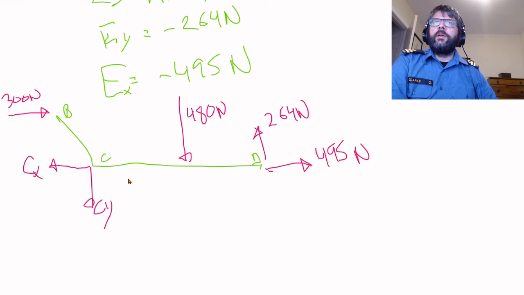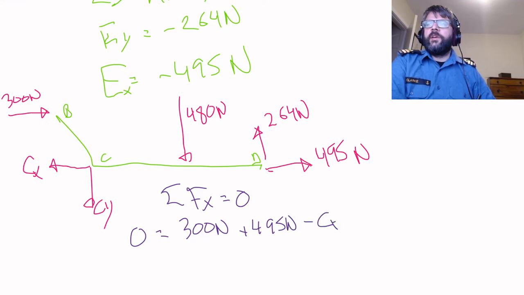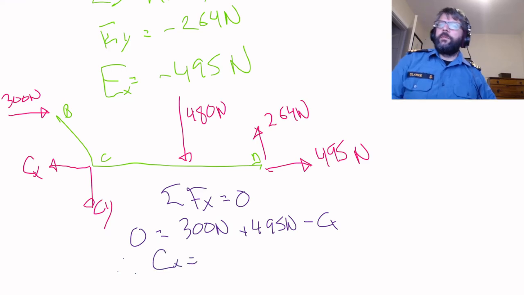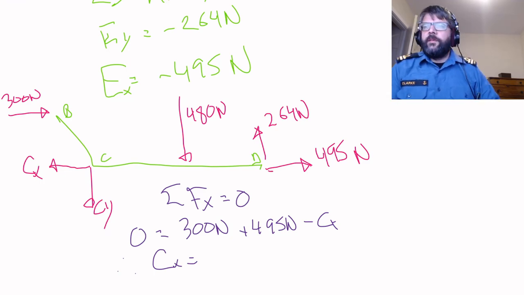So simple enough to solve for though. Let's start with the sum of the forces in the x direction is equal to 0. 0 is equal to 300 newtons plus 495 newtons minus Cx. Therefore, Cx is equal to 795 newtons.